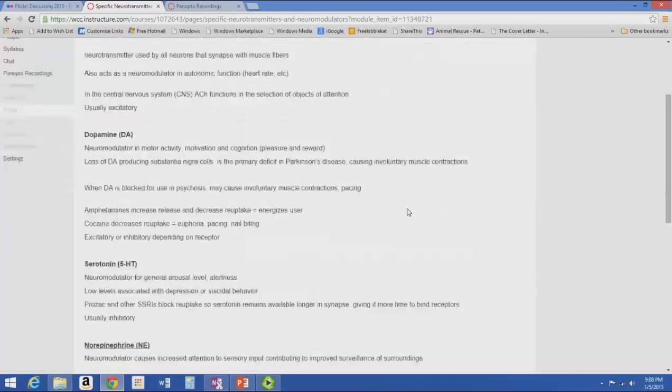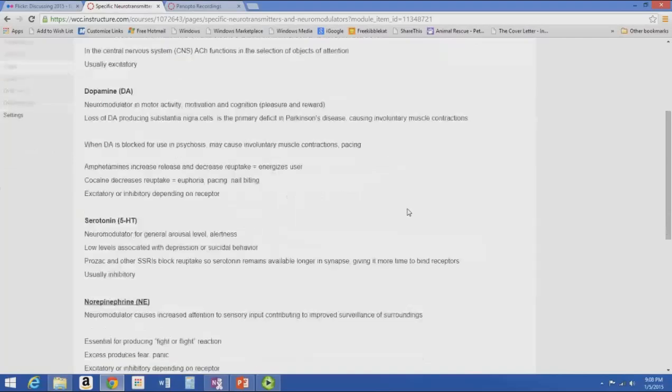Okay, so serotonin is a neuromodulator for general arousal level and alertness. Low levels can be associated with depression or suicidal behavior. Prozac and Zoloft and all those ones, the SSRIs, block the reuptake, and so the serotonin is in the synapse longer. It gives it more time to bind to the receptors.